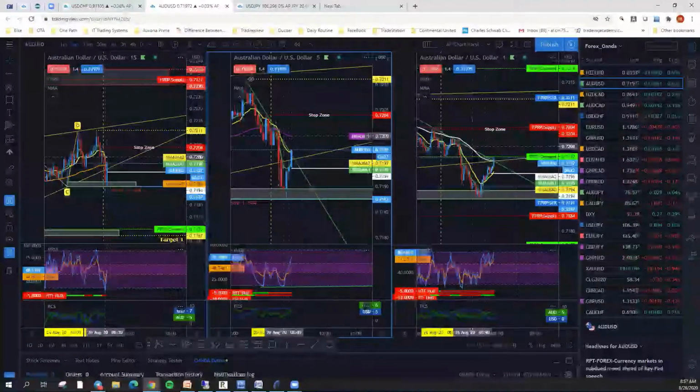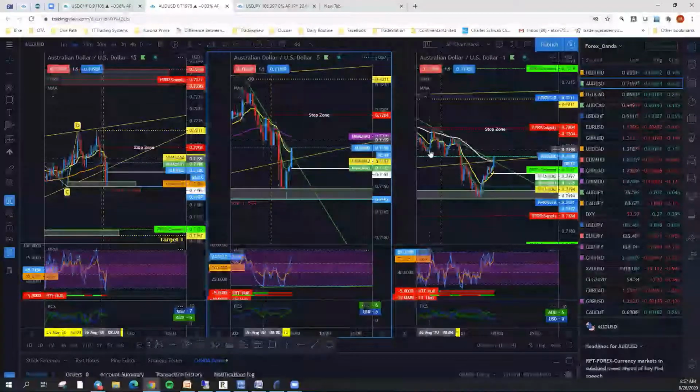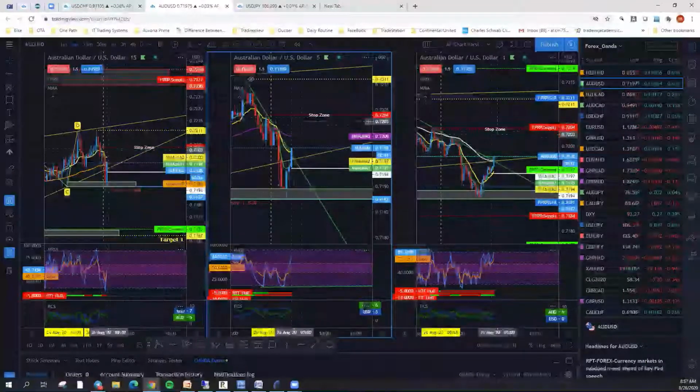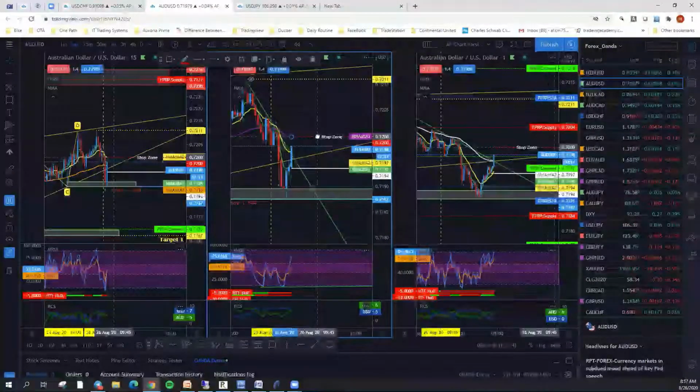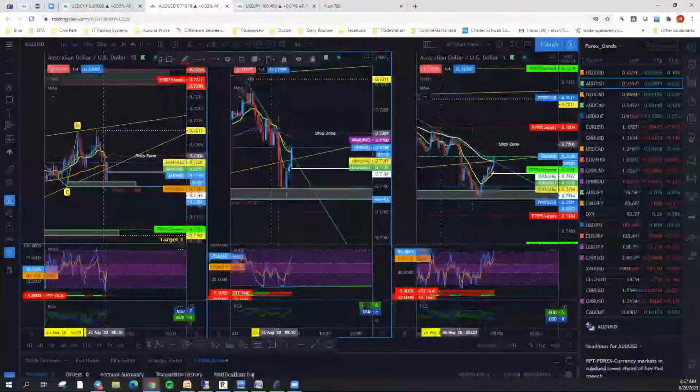So right now we have this 62 up here. I'm going to move this down to this area. I'm going to use the top of this red candle.